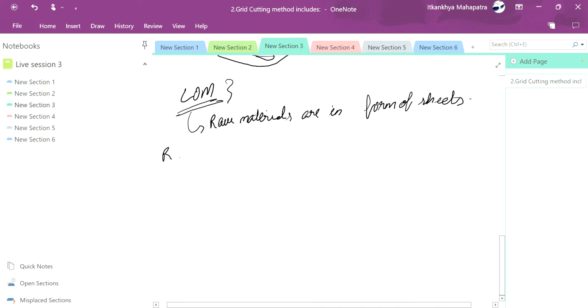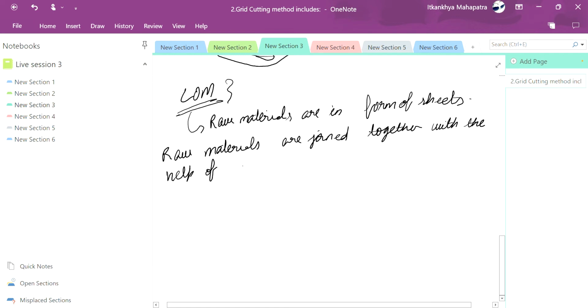Here raw materials are joined together with the help of thermal or pressure activated glue. This is the mechanism of LOM.